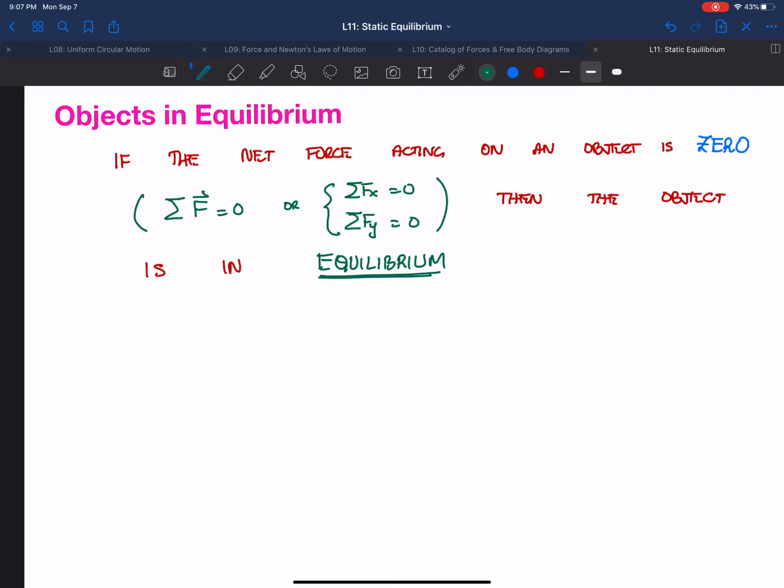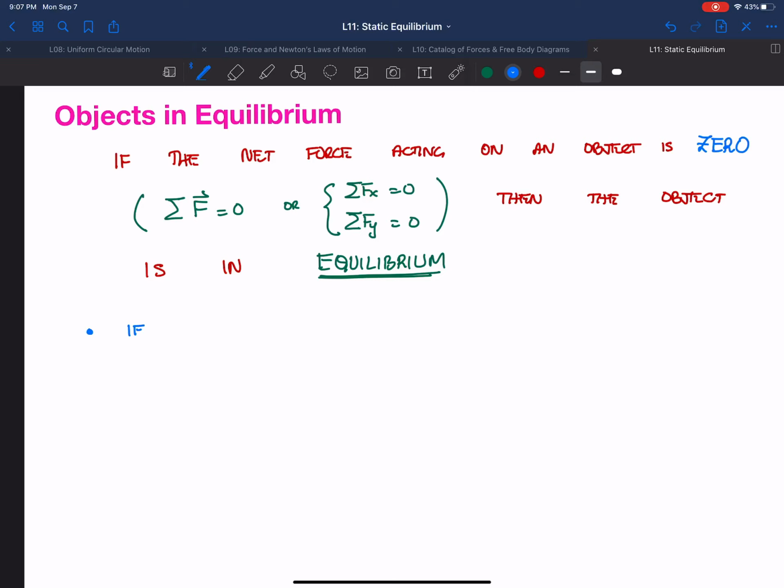Now, there are special cases. If an object is in equilibrium, it means it's either at rest or moving at a constant velocity. Both situations correspond to equilibrium configurations because the net force is 0 in both cases.